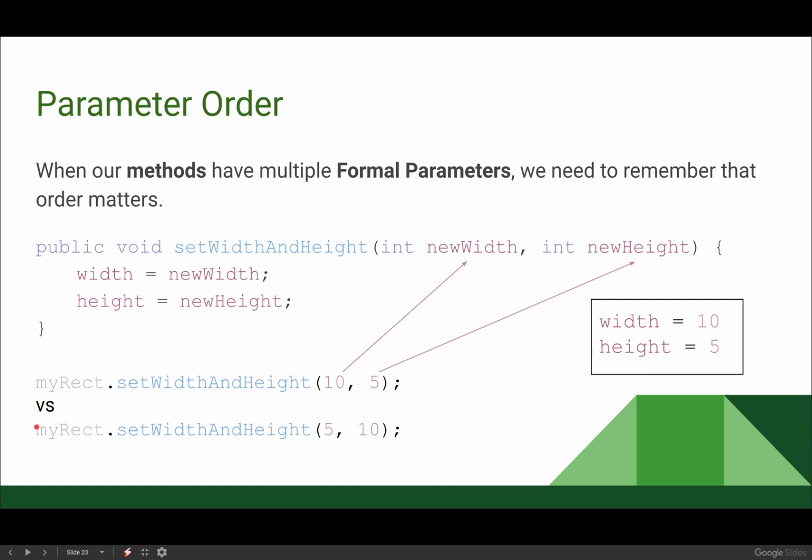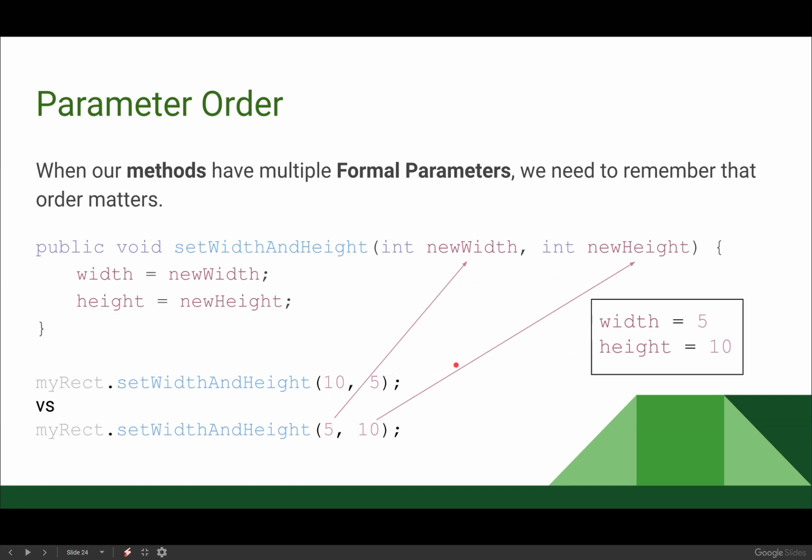If I swap the order of my 5 and 10, the 5 is still going to go to my first parameter, 10 is still going to go to my second parameter. So now width gets that 5 value and height gets the 10, as opposed to before where it was the other way around.